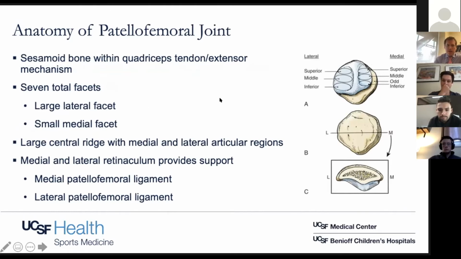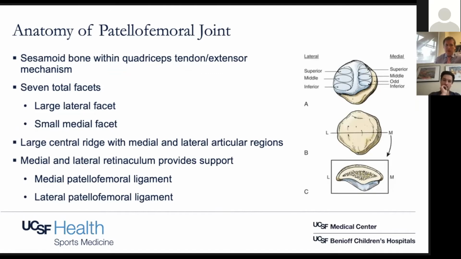The patella has a large central ridge, and then the articular regions on the medial and lateral sides. For support, you have the medial and lateral retinaculum. And the medial patellofemoral ligament is our important restraint on the medial aspect that limits the likelihood of lateral dislocation. And there's also a lateral patellofemoral ligament.